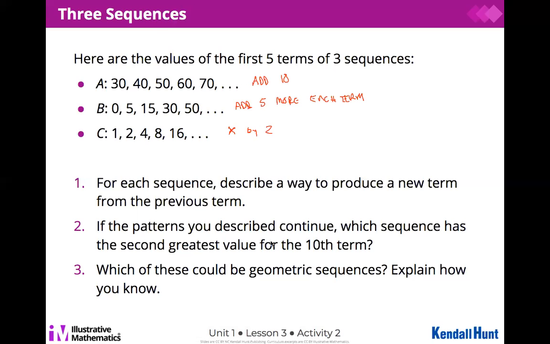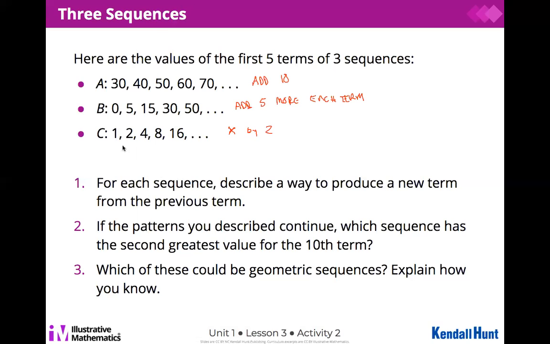If the patterns you described continue, which sequence has the second greatest value for the 10th term? All right. So if we were to just continue, which one's going to be the middle one? If we go to the 10th term in each of these sequences, which one's going to have the middle value? Well, I'm actually only going to go a few, and I think you're going to see what's going to happen here.